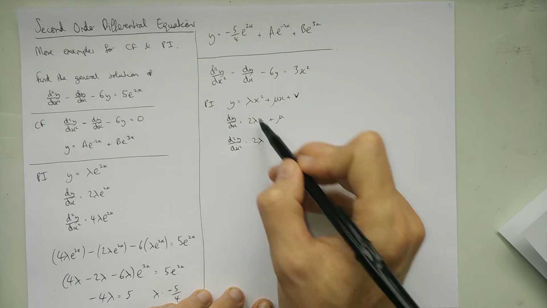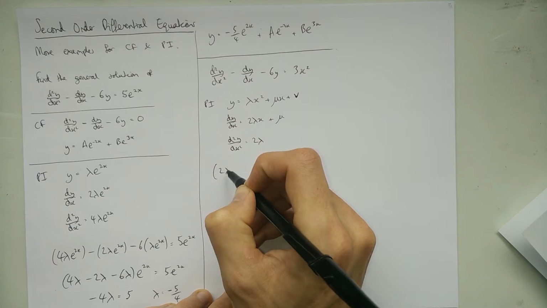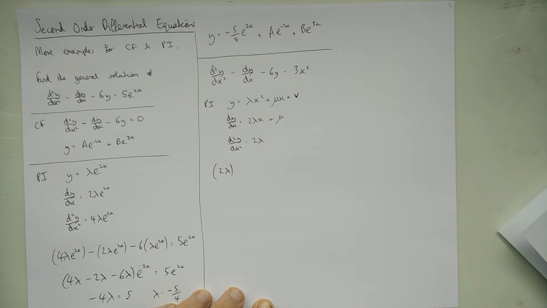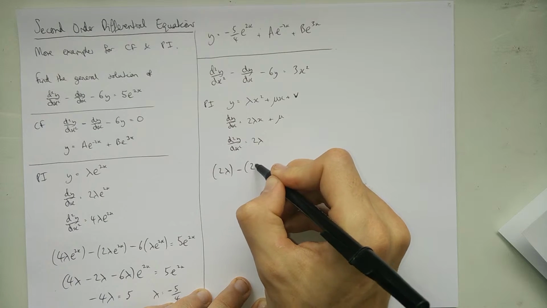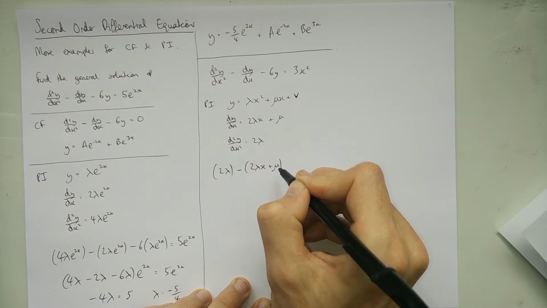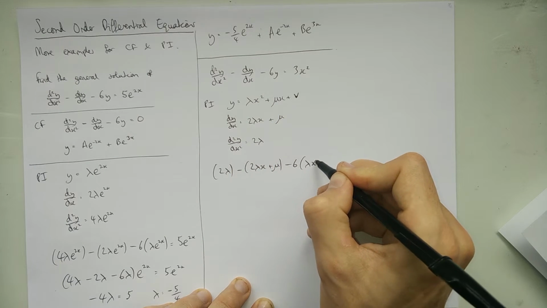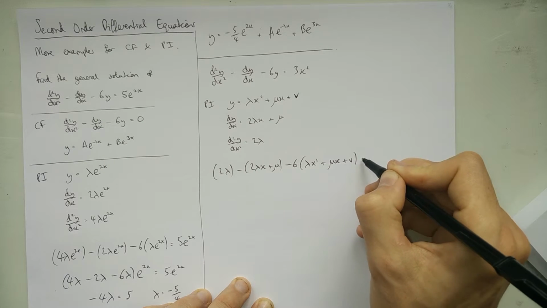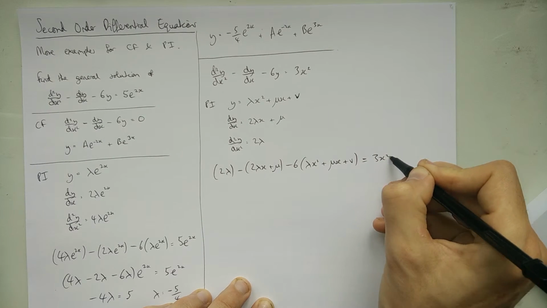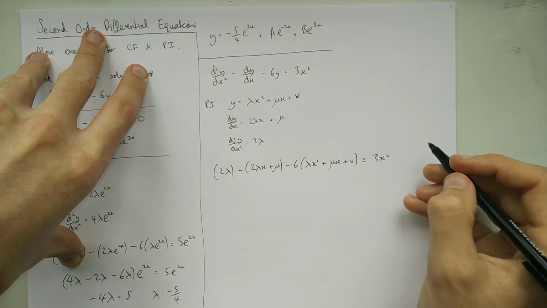Now we plug this back into this equation, so d2y dx squared is 2 lambda. Then minus dy dx, which is 2 lambda x plus mu. And then minus 6 lots of lambda x squared plus mu x plus nu, and that's all equal to 3x squared. Let's just try and expand and group together the different terms.